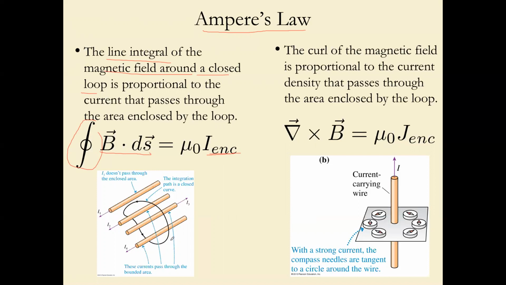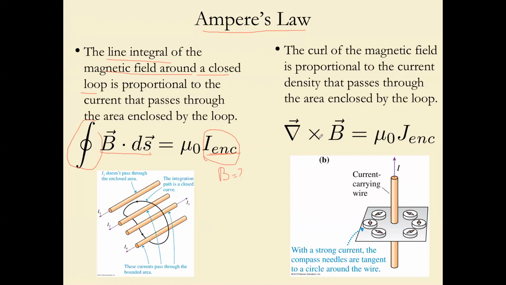If you take the line integral of B and set it equal to mu0 times I enclosed, which is the current inside of the loop, you can easily find the magnetic field by using symmetry.